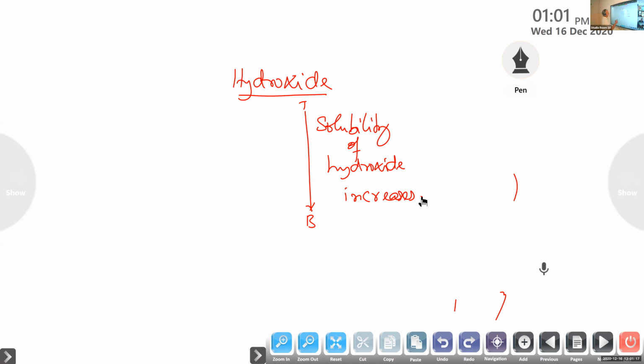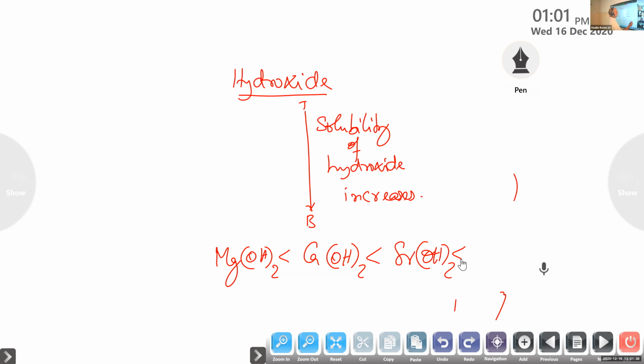So we can compare the solubility as: solubility of magnesium hydroxide, Mg(OH)2, less than calcium hydroxide, less than strontium hydroxide, Sr(OH)2, less than barium hydroxide, Ba(OH)2.